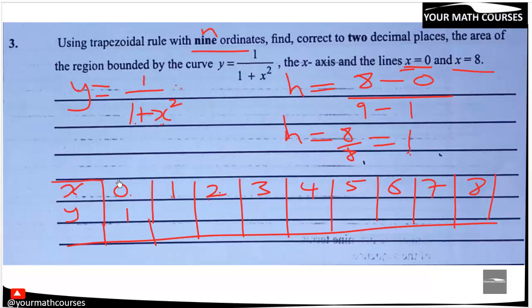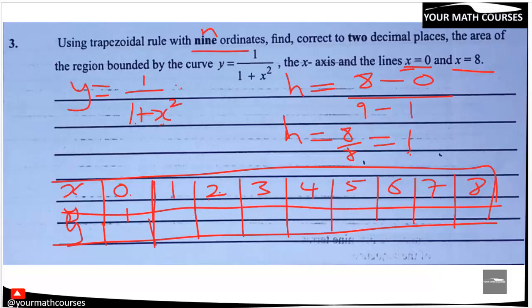With the x values, we need to find the corresponding y values. So let this be my y. When x equals 0, y equals 1. When x equals 1, we get 1 plus 1 squared, which is 2, so we have 1 over 2. When x equals 2, 2 squared is 4 plus 1, 5, so 1 over 5.